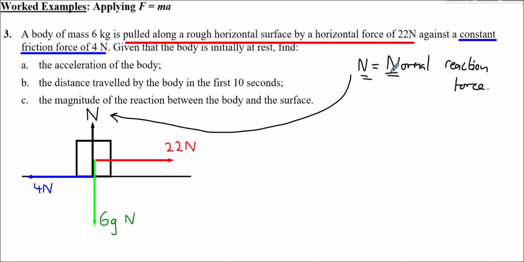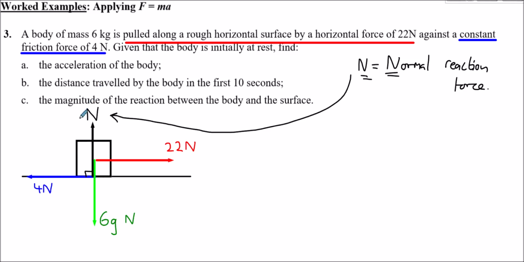Normal is a different word that physicists generally, and some mathematicians too, use for perpendicular. So the normal reaction will be acting at 90 degrees to the surface it's in contact with. And so N will equal 6g. The forces up and down will cancel, so the object is in a vertical equilibrium.